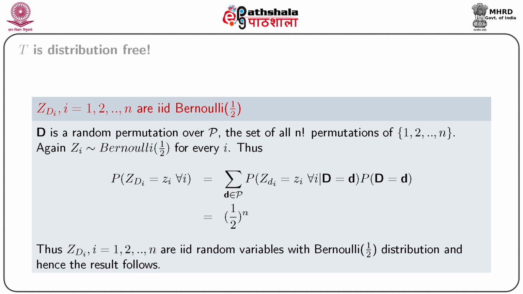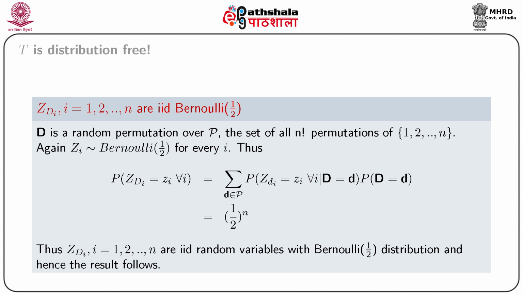Now, observe that the Zi are IID Bernoulli half, as we have already noted, and we shall show that the Z with suffix Di are also IID Bernoulli half. Now, D is a random permutation over script P, the set of all n factorial permutations of 1 up to n.